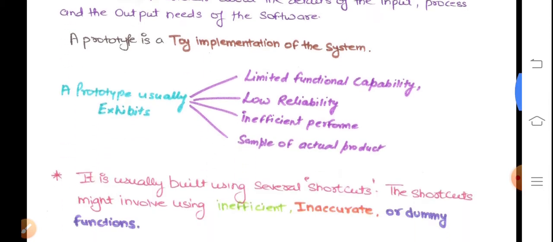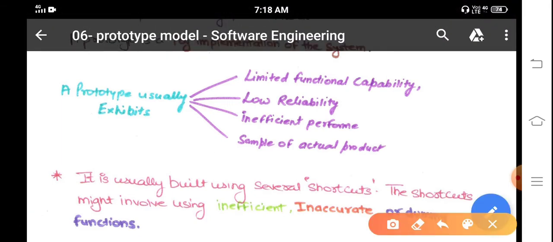A prototype is a toy implementation of the system. We can call it a toy implementation, and it usually contains limited functional capability, low reliability, inefficient performance, a sample of the actual product. A prototype exhibits limited functional capability because it is a sample product.